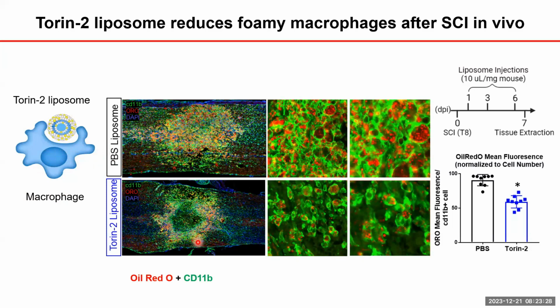So after a couple of weeks, if you observe the animals over more chronic periods, the Oil Red O signal comes back. And so this is a drug delivery issue that we are trying to tackle currently.